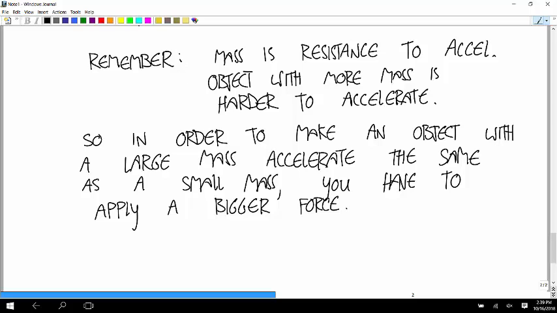But this idea that the force gravity applies to bigger things is larger than the force it applies to smaller things is why you can weigh yourself on a scale. What you really want to know is your mass, but when you stand on a scale, what you're measuring sort of indirectly is the force that gravity applies to you. That's not your mass, but it does go up as your mass goes up or go down as your mass goes down, and that's why it tells you useful information.